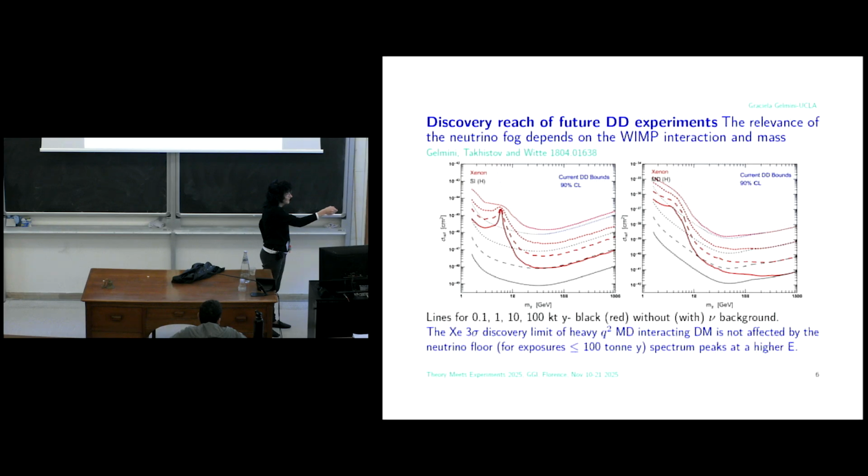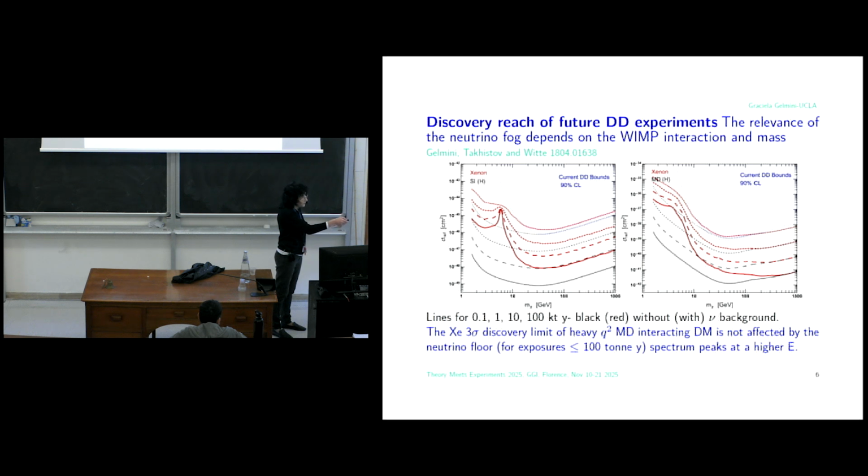So you see that instead, this line, for example, the red line here, that corresponds to 100 kiloton years, is at this level instead of being over there. However, if you have a magnetic dipole, heavy mediator, then you see actually that this degeneracy is not that much. You improve a little bit.